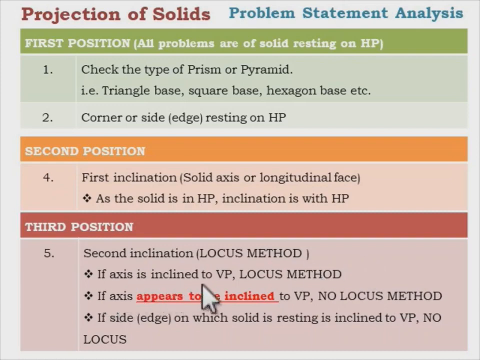If axis is inclined to VP, locus method. If axis appears to be inclined to VP, then it is a no-locus method. If side or edge on which the solid rests is inclined to VP, then it is a no locus method.